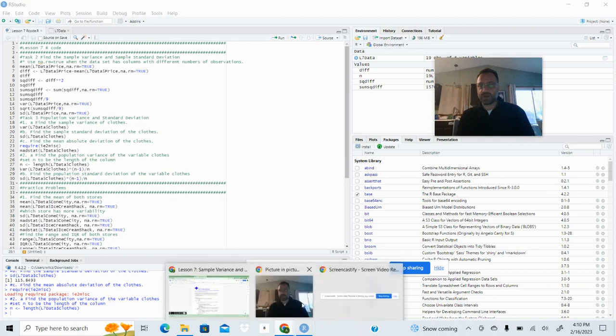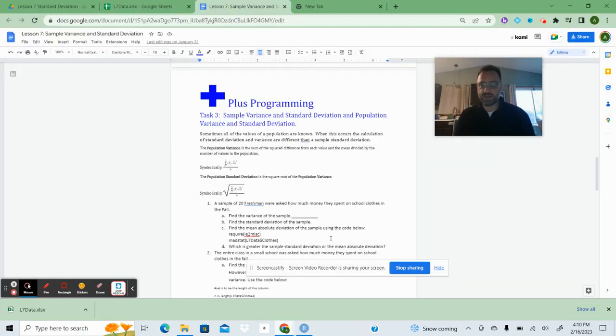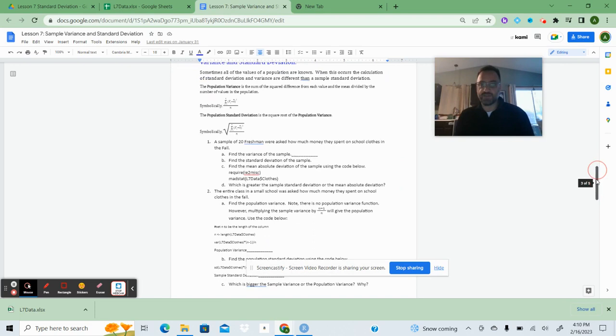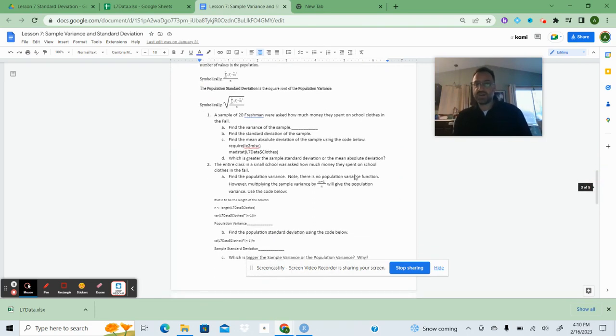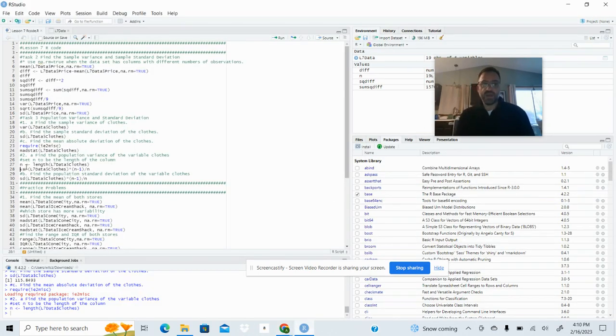Now, what if we said that was our entire population that we wanted to study? So what if we did the population of an entire class? So if we did that, we would need to multiply by n minus 1 over n to get the actual population standard deviation. So I just defined n as the length or how many entries are in the data set. And then we do the variance. We can multiply the variance times n minus 1 over n.